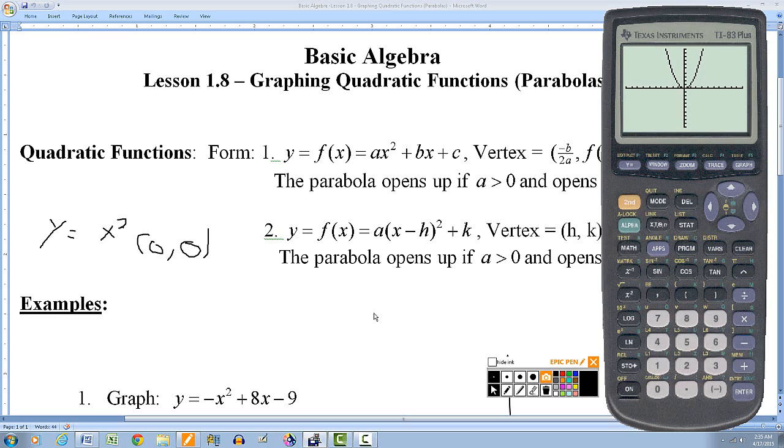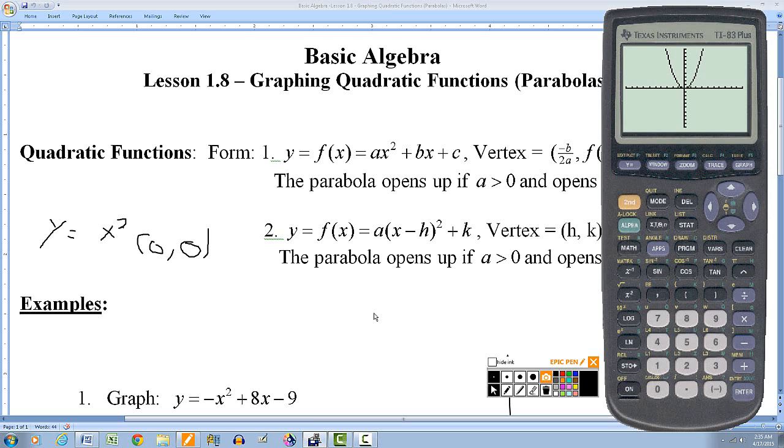Now the a value is going to determine, like I said, how wide or how narrow the graph is in relation to y equal x squared. So if the a value is greater than 1 in absolute value, so in other words, say it's 2 or negative 2, 3 or negative 3, greater than 1 in absolute value, then the graph is going to be more narrow than this.